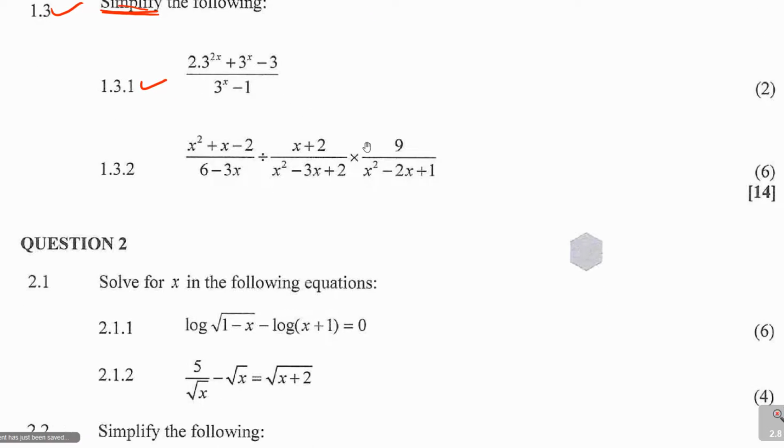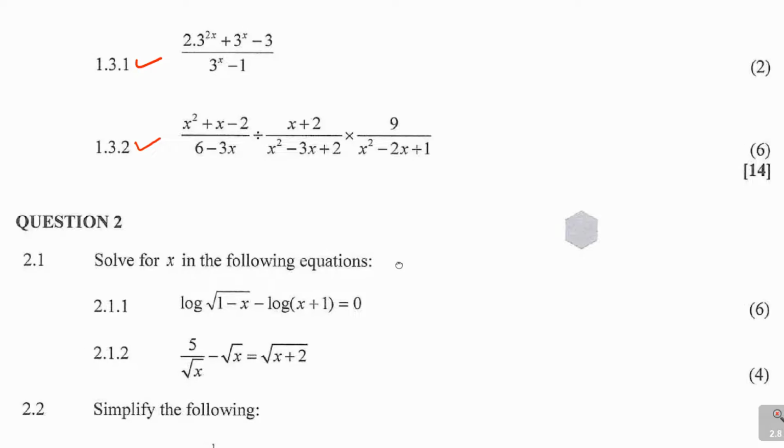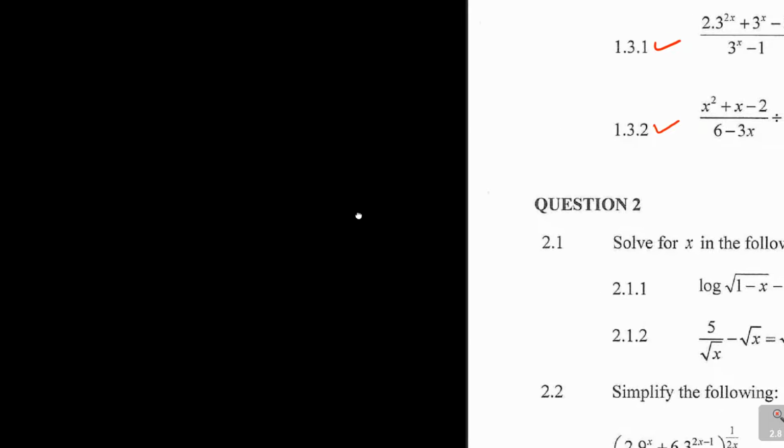So that was 1.3.2. Now it becomes 6 marks, which means you don't want to find yourself lacking here. So let's do this. Again, it uses the product sum, and I'll write it from here just to give enough space, one at a time.